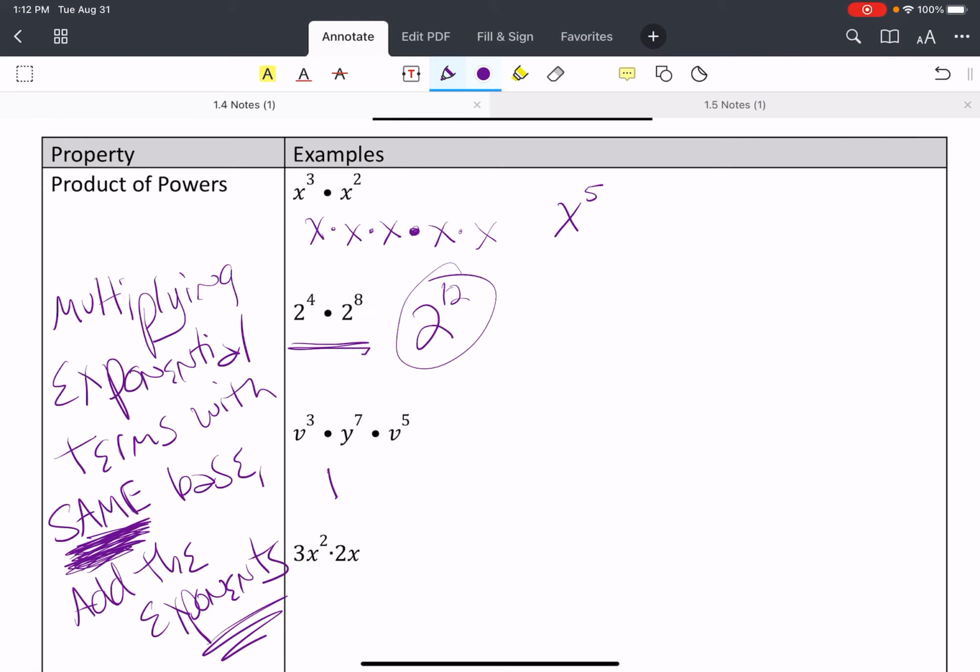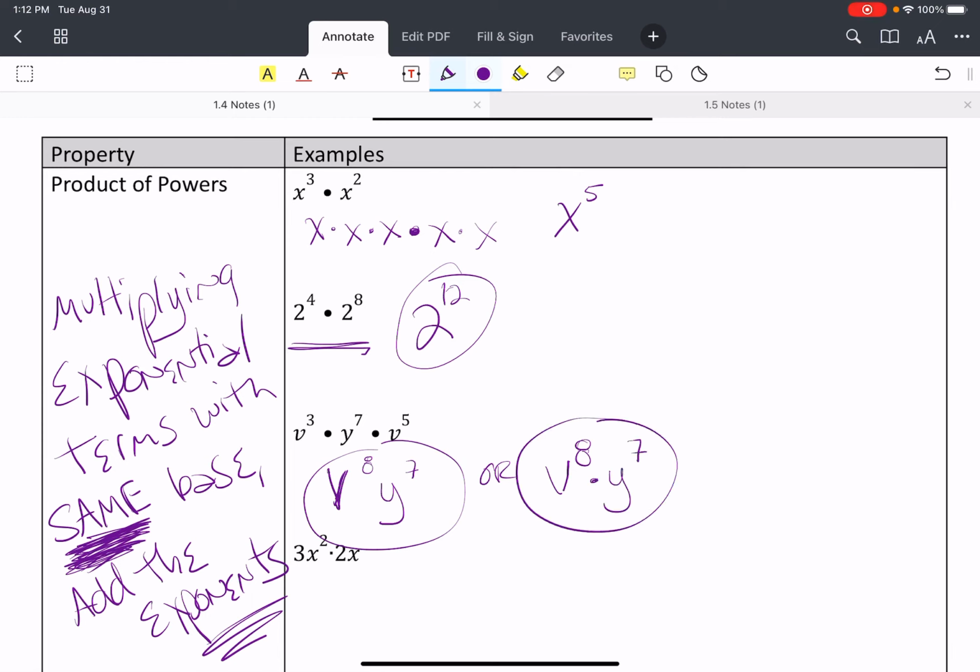So I can add the v's together though, and I get v to the 8th, and then y to the 7th. Good. So the y didn't change at all, the y to the 7th, because there was no other y base. And I can't combine these, okay? How do I know when I'm done? I only have one of every letter and one of every number. Okay? Good?